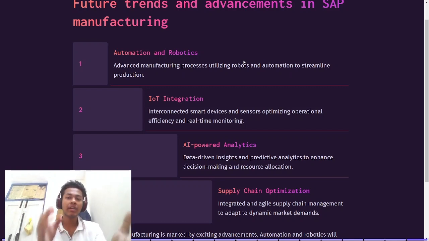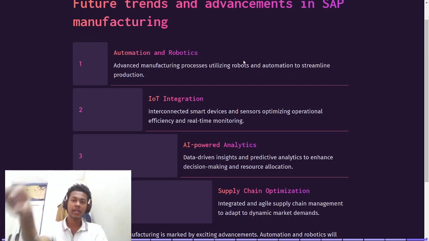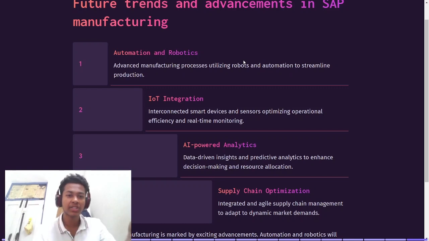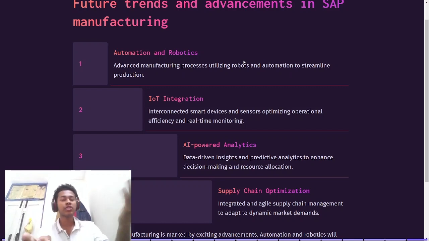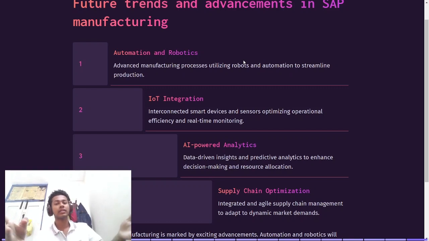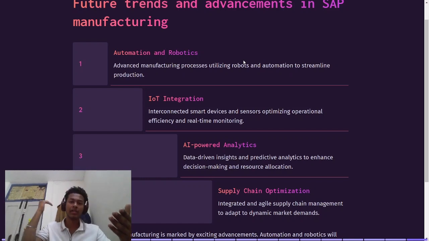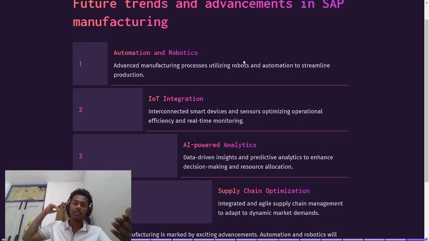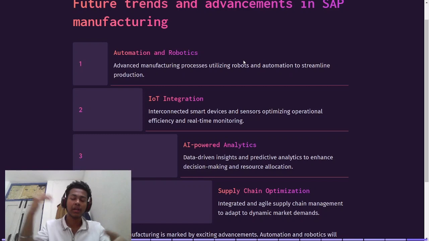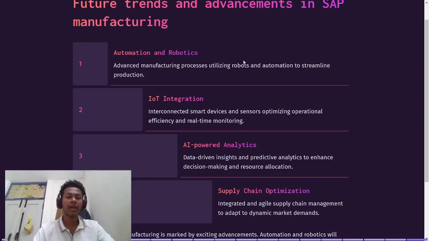Robotics is basically an individual machine doing an individual task for itself. So a robotic arm, that is a pick and place robot, will be considered under automation and robotics. IoT integration would be a reading machine or a meter that records something and gives the data to something else wirelessly, and that home network machine will gather data from all the devices and create a report.